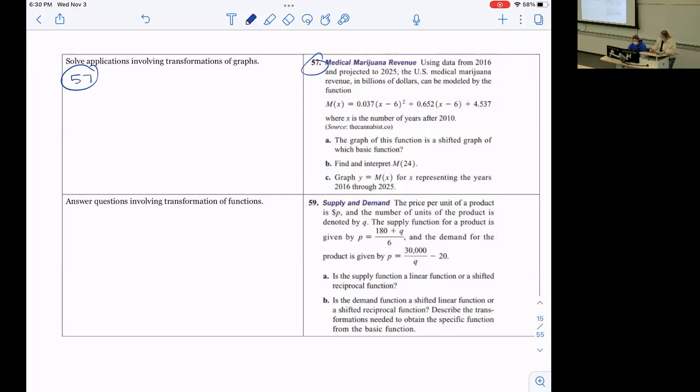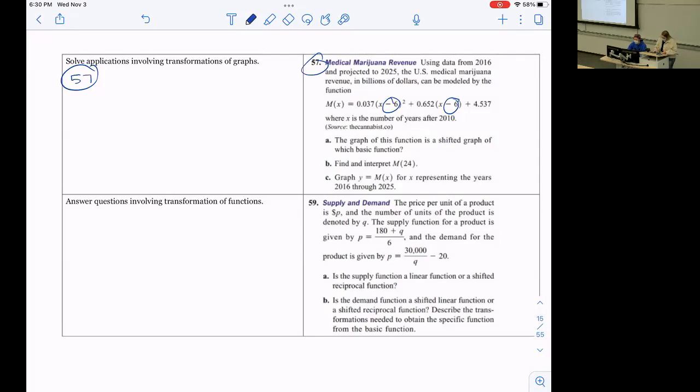So when we're looking right at the x, we notice that there is a minus 6 that is contained with the x. So with this minus 6, we know that there is a horizontal shift to the right 6 units.